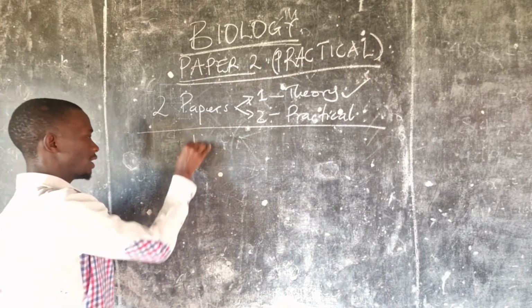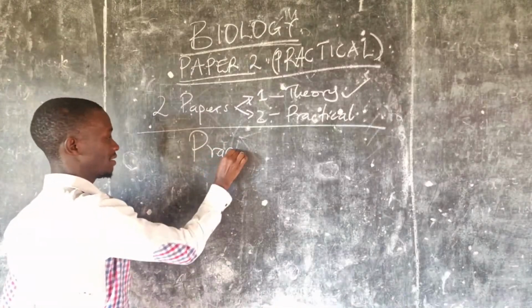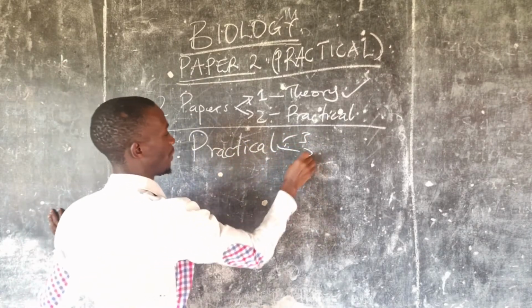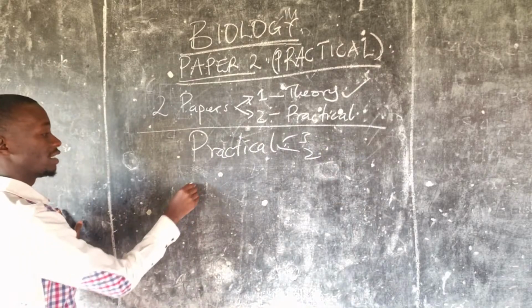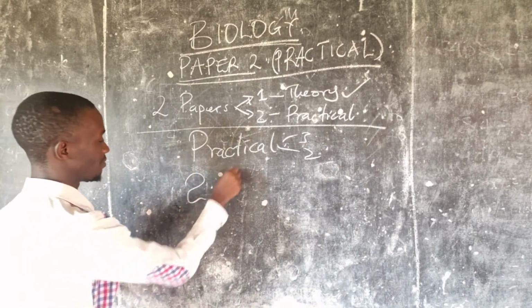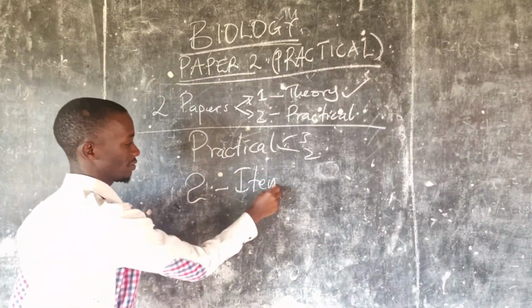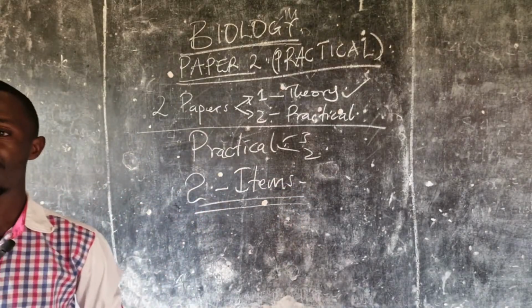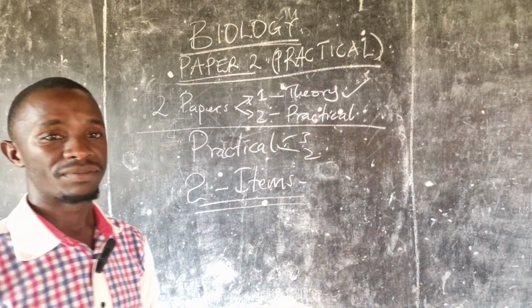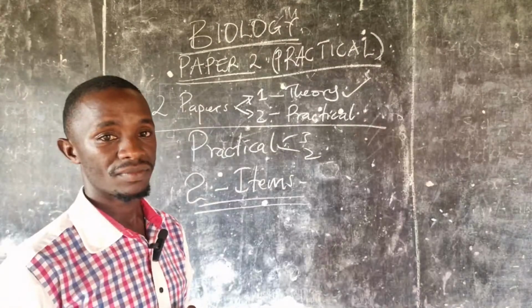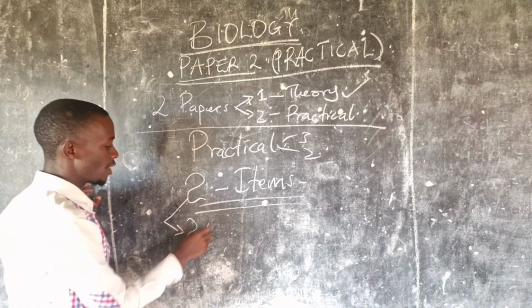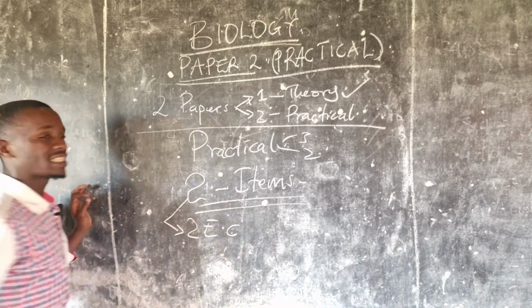So, the practical paper, whether you do paper 3 or paper 2, comprises 2 items. And all of these items are compulsory. These 2 items are set from 2 elements of construct.